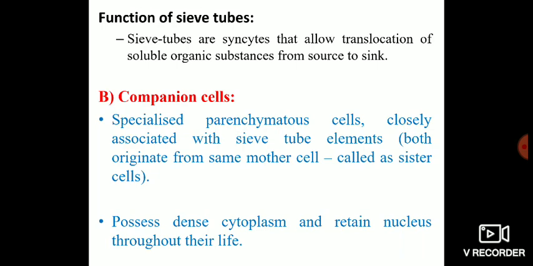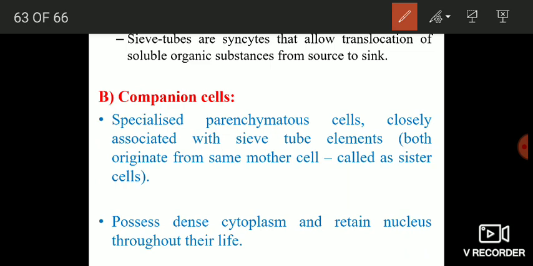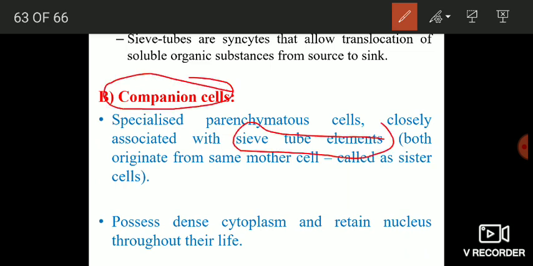Another cell type of phloem is companion cells. These are specialized parenchymatous cells. They are living cells which are closely associated with sieve tube elements. Both these cells, companion cells and sieve tube elements, are derived from the same mother cell.